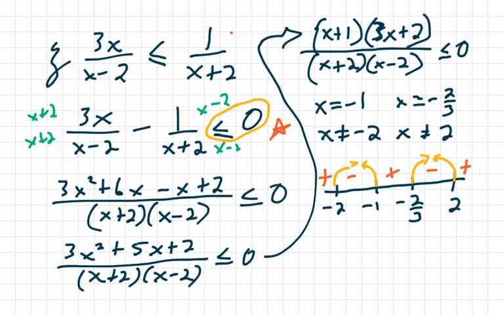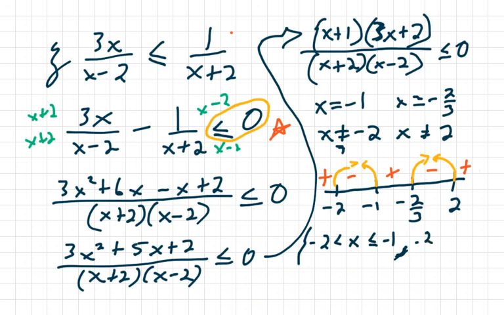So in this case, it looks to me like I've got two betweener solutions. So I'm going to write this down as negative 2. I cannot equal negative 2, remember that. So I don't say less than or equal to, I just say less than x, which is less than or equal to negative 1, because I can equal negative 1. Comma.